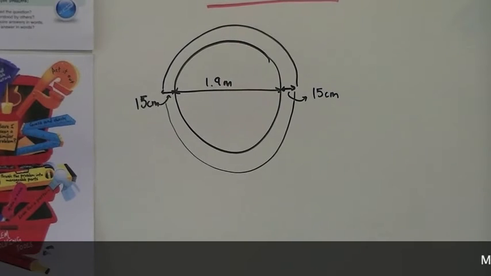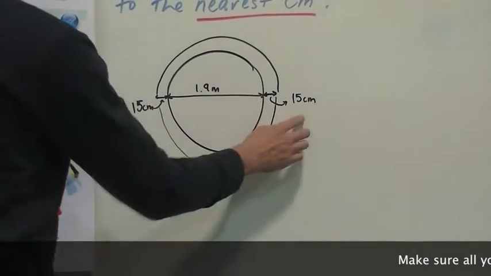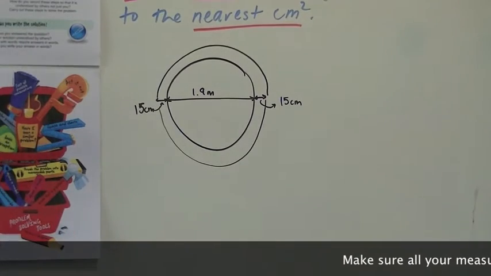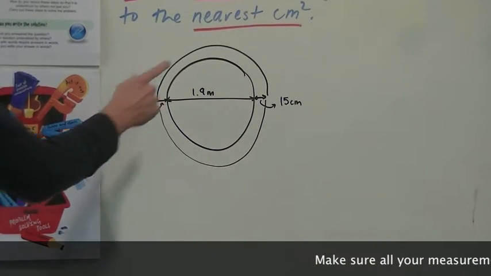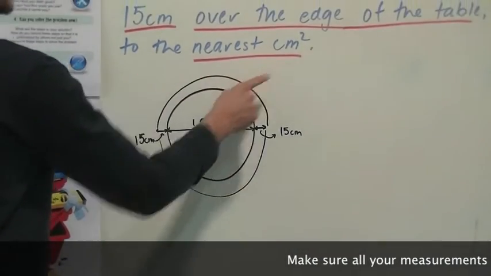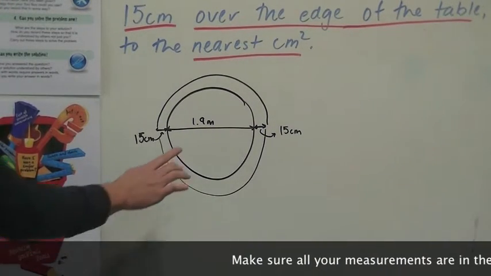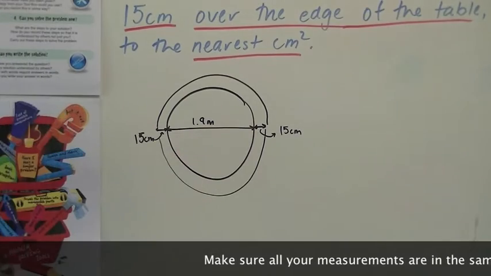The first step, before we tackle anything else, is to think about what measurements we have here. We've got centimetres, metres and centimetres. Now, what does the question want us to do? It wants us to find it to the nearest centimetre squared. So the first thing I'm going to do is change this into centimetres.